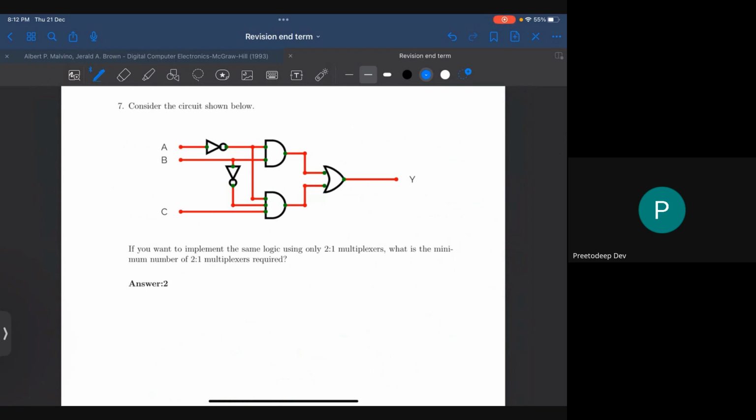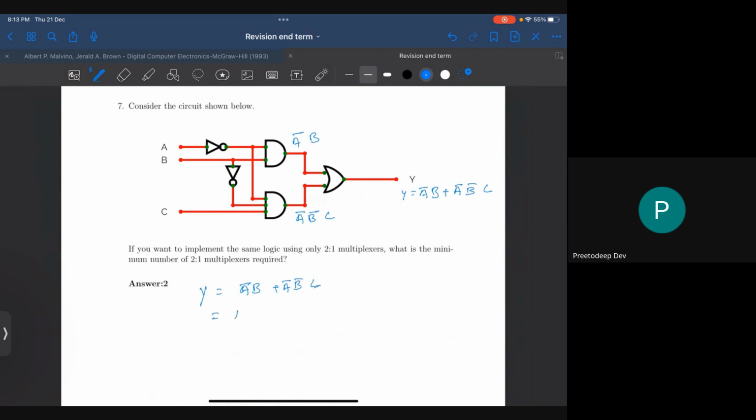This will be A bar B, and this will be A bar B bar C. And Y equal to A bar B plus A bar B bar C.